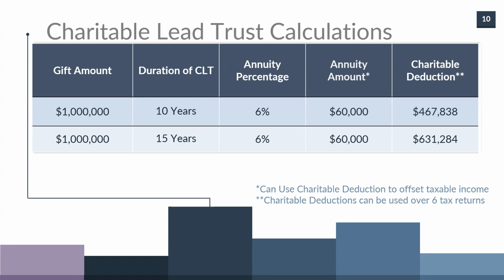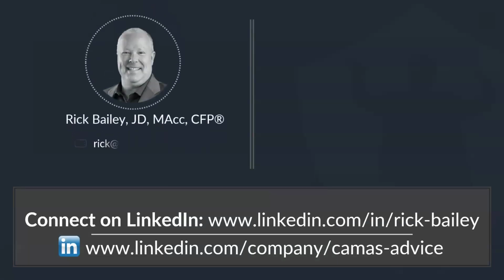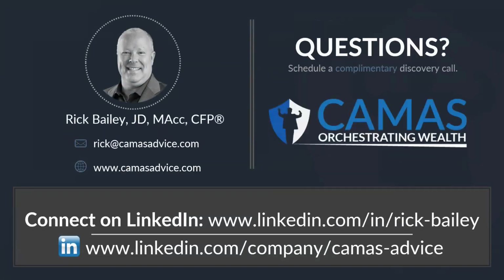So this can be a great tool for our clients to offset taxes now during the working years, offset taxes on the sale of a large asset that's generating a lot of taxable gain, but also to be able to have that money to use for their retirement years, for their other planning needs. So great tool, great planning tool, great tax tool.